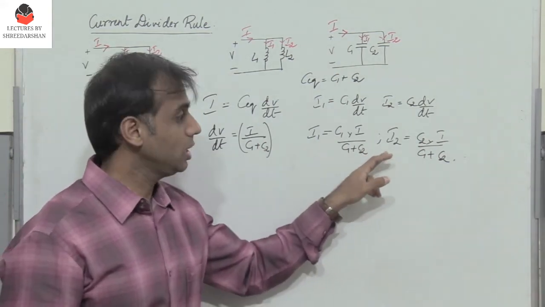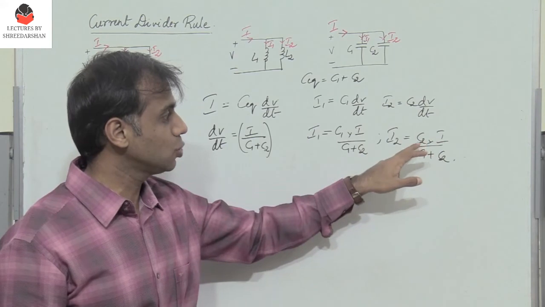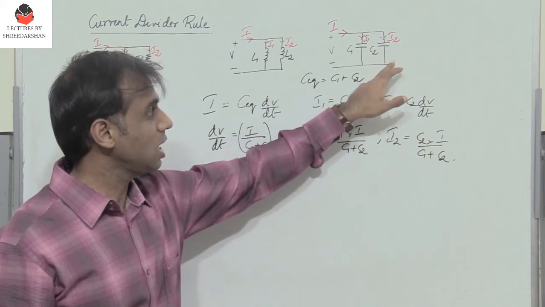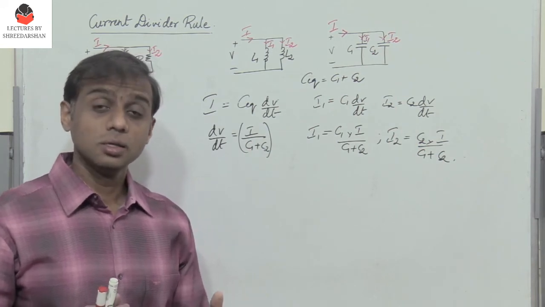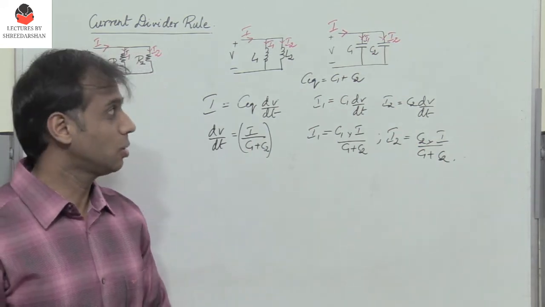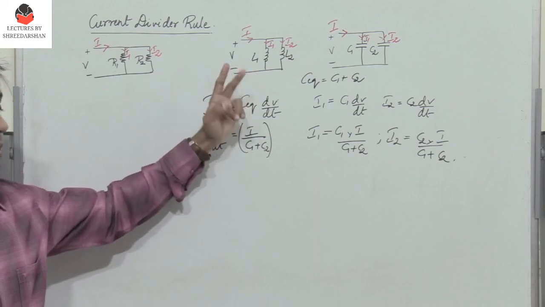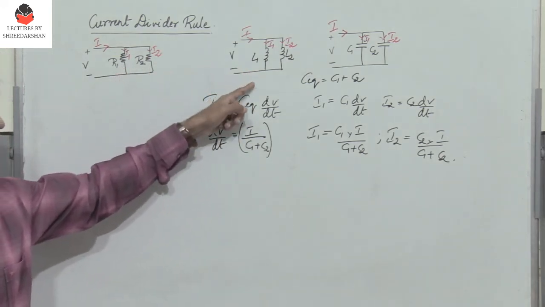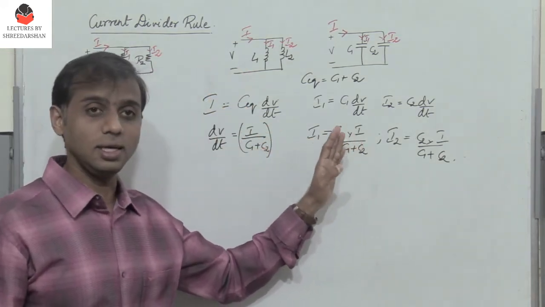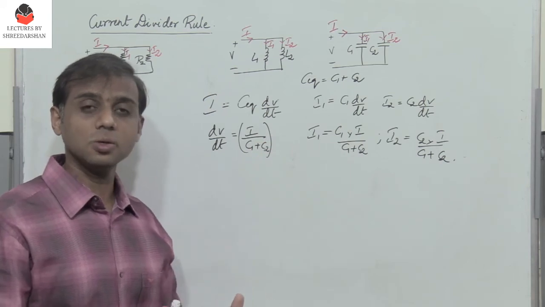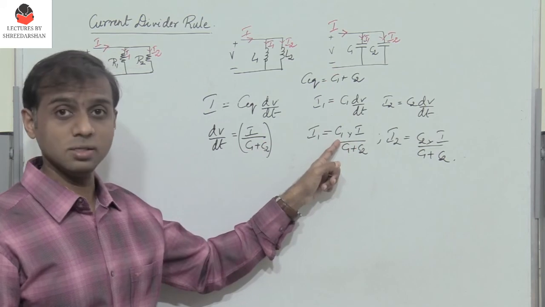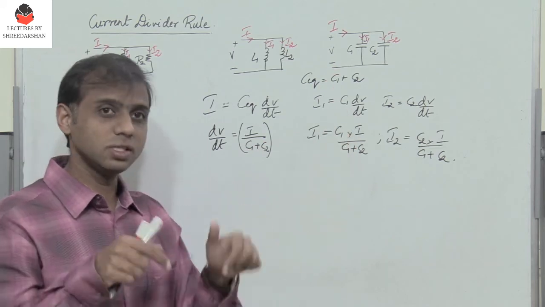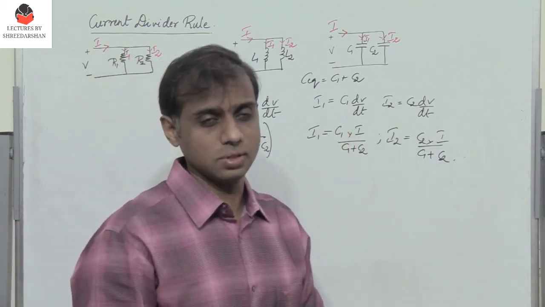And what is I2? I2 is the total current I into the capacitance of the same branch divided by the sum of capacitances. Right? So this is much different from resistors and inductors, where it was the total current I into the resistance or the inductance of the other branch. But here in case of capacitors, it is the capacitance of the same branch. Okay, so that's the difference.